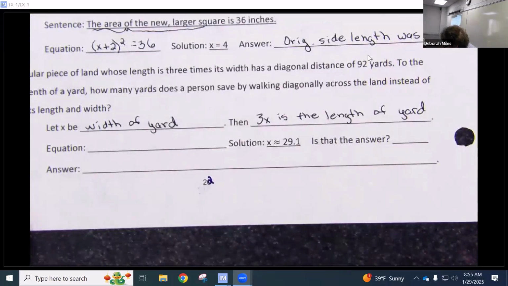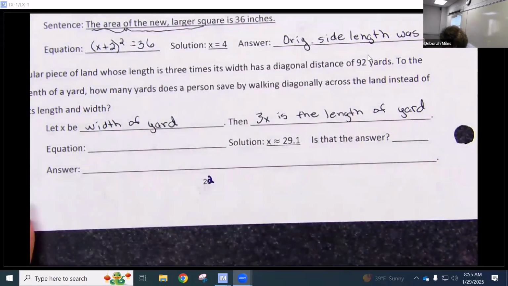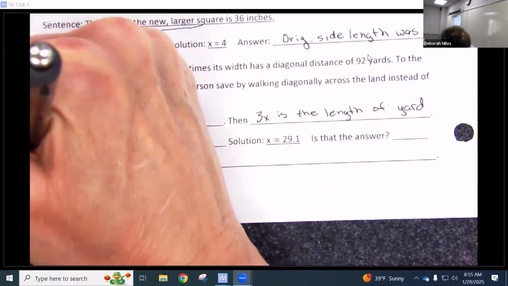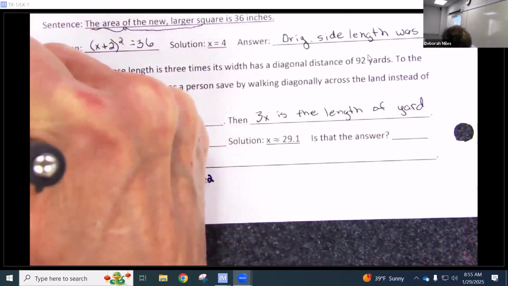All right. What else do we know about this yard? Okay, I can put that in my picture. Here's the diagonal distance, 92 yards.